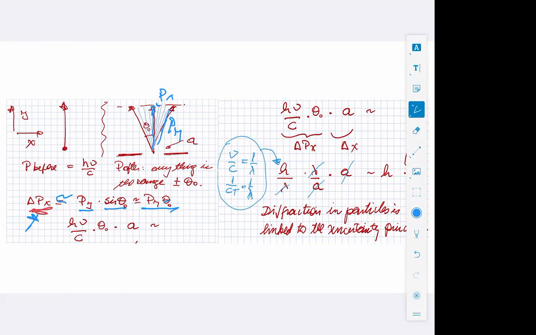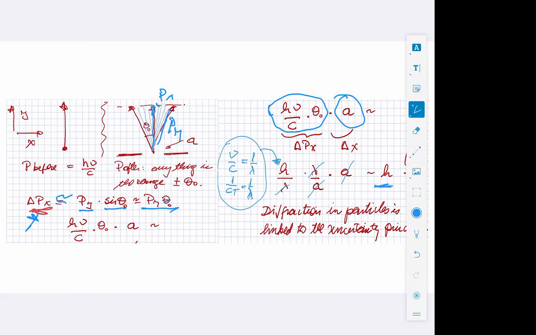Where does the a come from? What is my argument here? Okay, here's the argument. So this is the delta px, and this is the delta x. If I multiply everything together, what do I get?